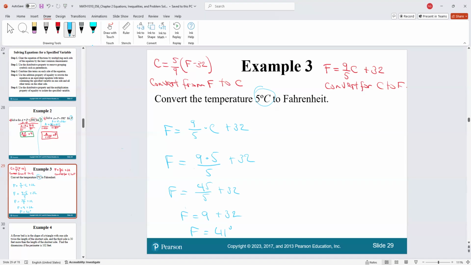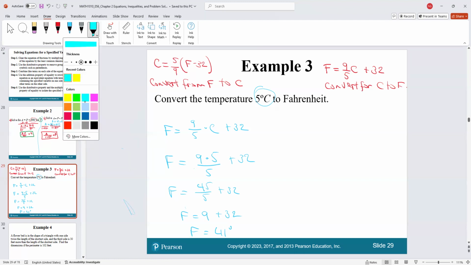Because we know C is 5 degrees, when in the formula we see C, I substitute 5 degrees. Now, after I do all these computations, I find the degrees in Fahrenheit is 41. So I can check by replacing F with 41 degrees and C with 5 to make sure the left side is equal to the right side.